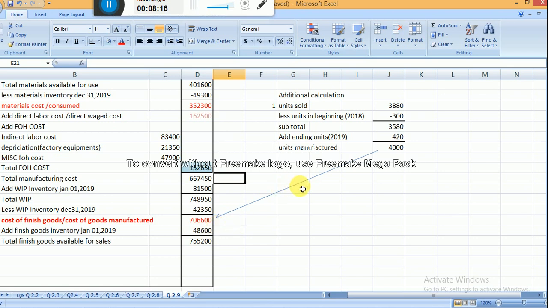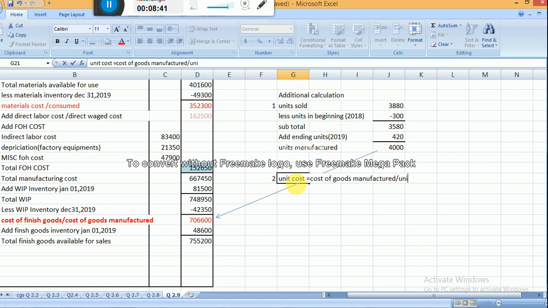Now we can easily find out the unit cost. Look at, unit cost is equals to cost of goods manufactured divided by units produced, units manufactured.